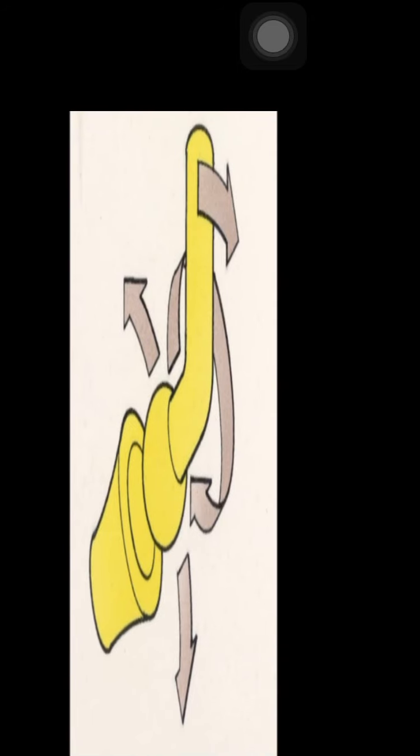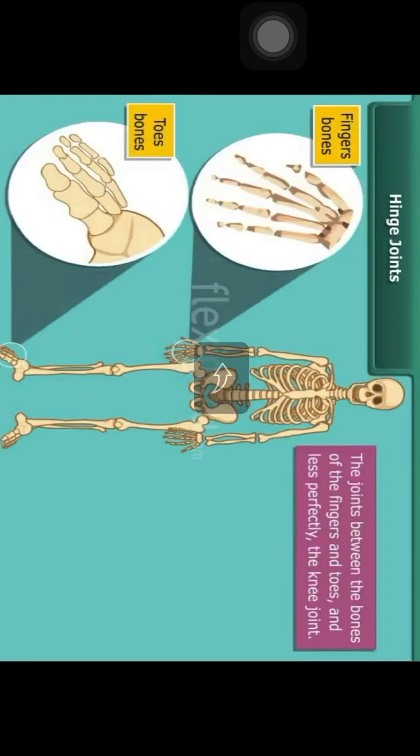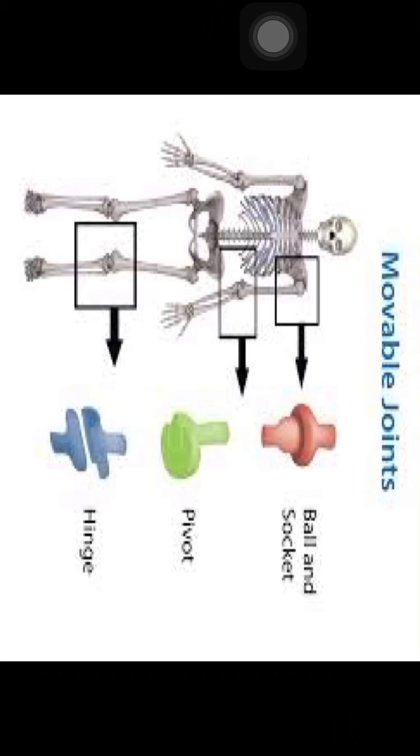So these are the most important movable joints. Again you can revise. Ball and socket joint is present in the shoulder. It allows the movement in all the directions. The next is the pivotal joint. It is present between the skull and the neck part, and it allows the movement of head upward, downward and in sideways direction.